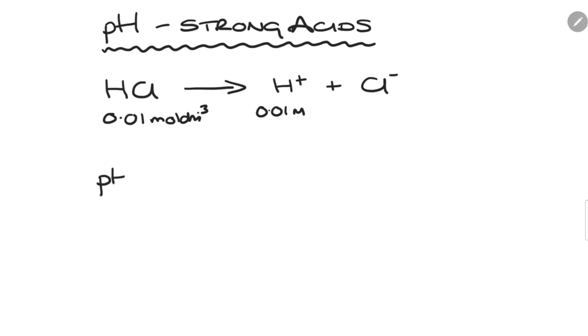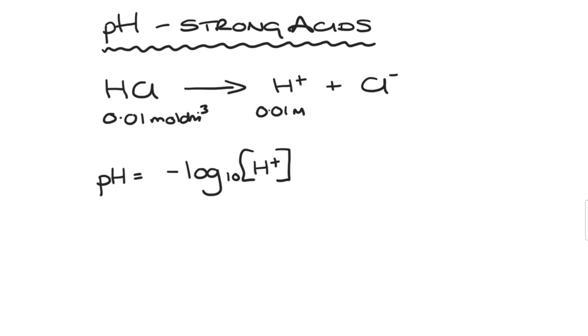And pH is a relationship of the hydrogen ion concentration, and it's calculated by taking the logarithm of the hydrogen ion concentration to the base 10 and changing the sign.